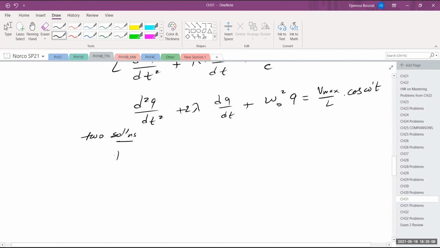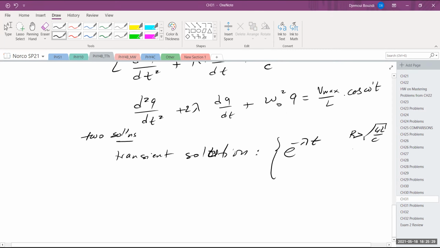A transient solution. The transient solution is the one that in any of the three cases decays like exponential of negative lambda t. Whether the case is overdamped, R very large compared to the square root of 4L over C, or R equals the square root of 4L over C, or R less than the square root of 4L over C. In all of these three cases, there is an exponential.